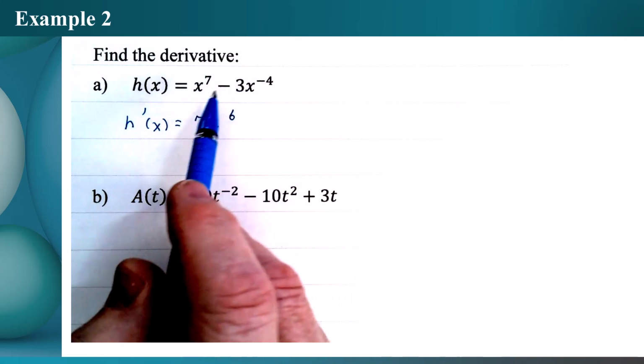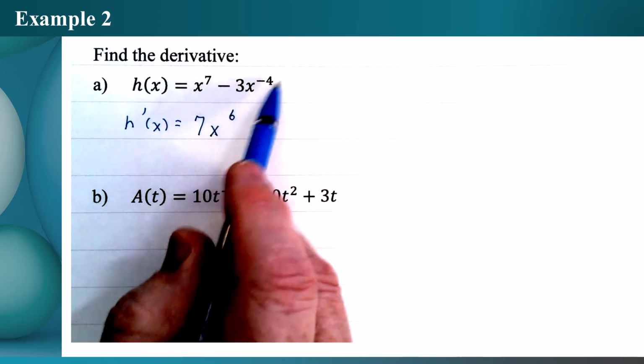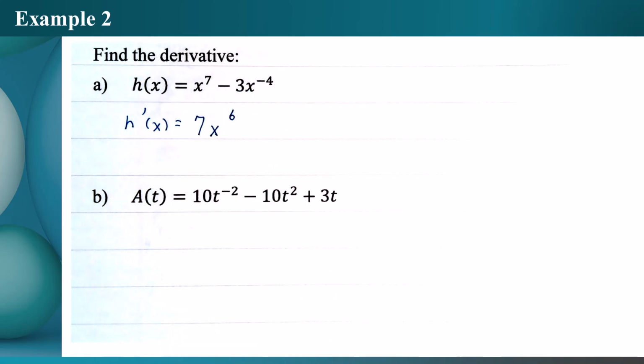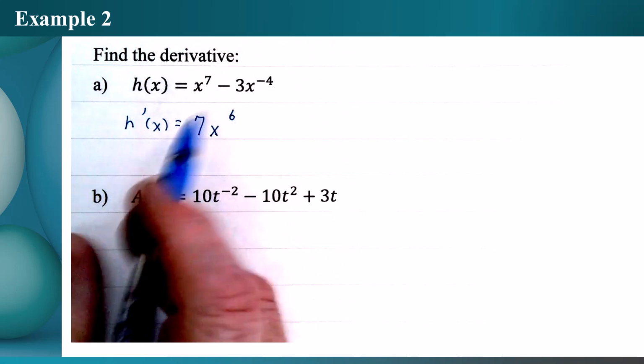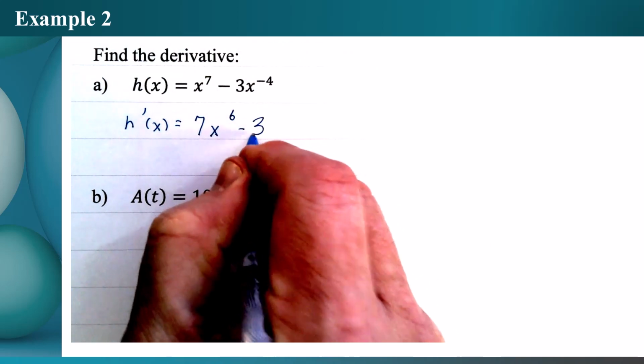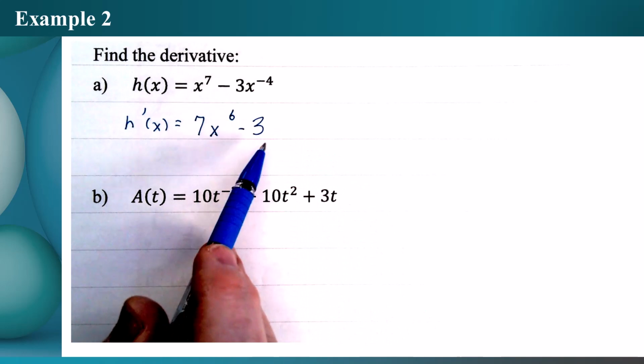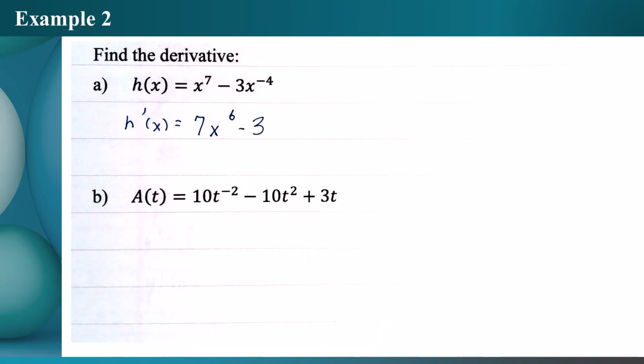Okay, over here, now we have a negative 3 times a function. And the linearization rule tells us, let's just keep that negative 3. It just comes along for the ride. So we've got the negative 3, and now we're going to take the derivative of the function part. Here I've got x raised to the nth power again.